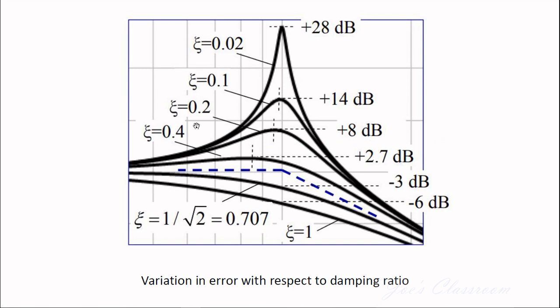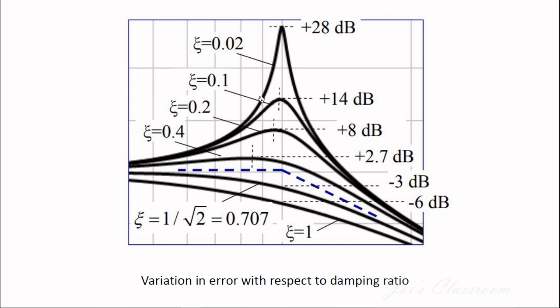This diagram represents the Bode magnitude plot zoomed near the corner frequency for various values of theta. So for smaller values of theta, the difference is too much. At the corner frequency, the maximum error will be 28 decibels. And as theta increases, for example at theta equal to 0.1, the maximum error is going to be plus 14 decibels.